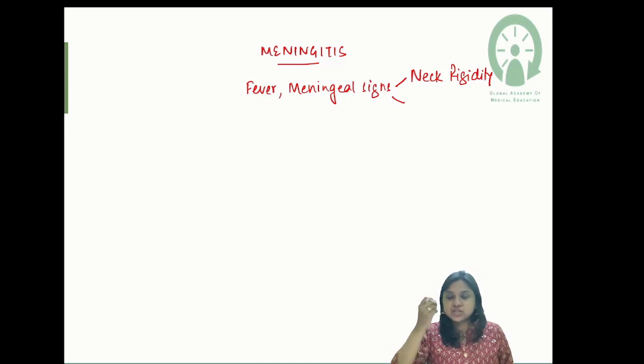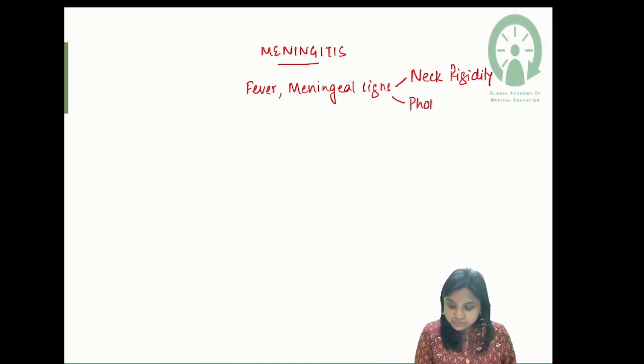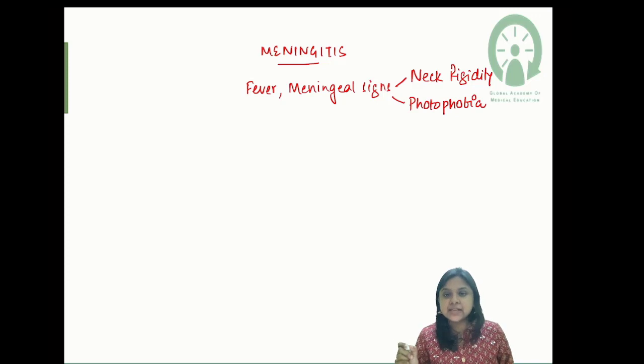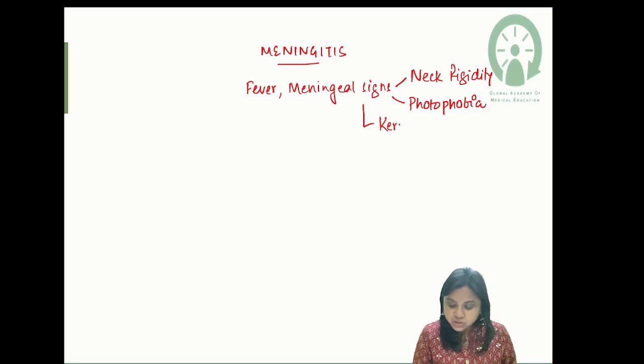If you flash light on the eye, the child will immediately close the eyes. And Kernig sign and Brudzinski sign, which are the signs of meningeal irritation, they are going to be positive. So Kernig's positive and Brudzinski positive.